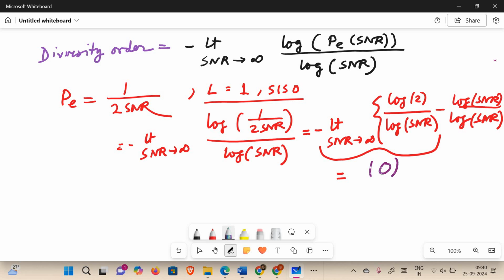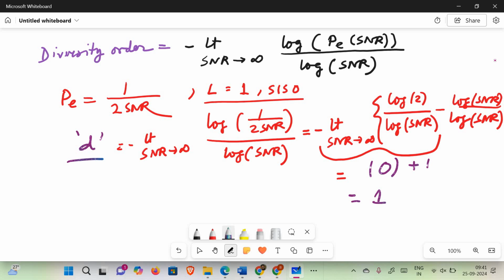So what we are left with on the right hand side is basically 1. Ideally, what we have assumed here is the case where L equals 1, so we started with the condition that this is a SISO system with one transmitter and one receiver. So the diversity order that we are getting, if I call it D, D is coming as 1.